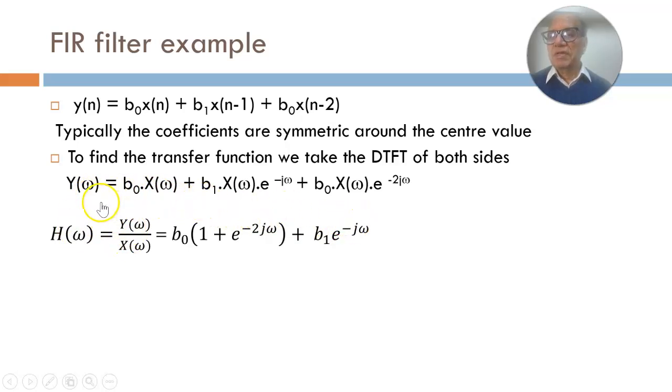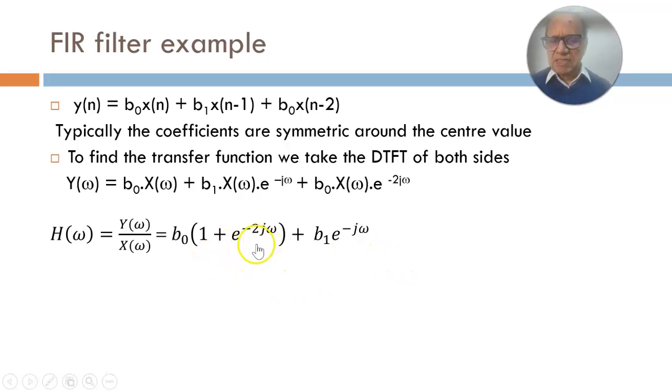The left hand side becomes Y omega by X omega, that is the transfer function. Here X omega cancels. And now b0 is common to the first term and the last term, so we take it out as common. So this is b0 into 1 plus e raised to minus 2j omega, plus b1 into e raised to minus j omega.